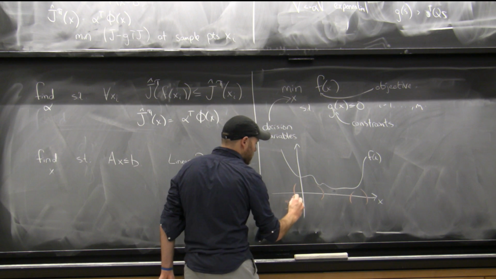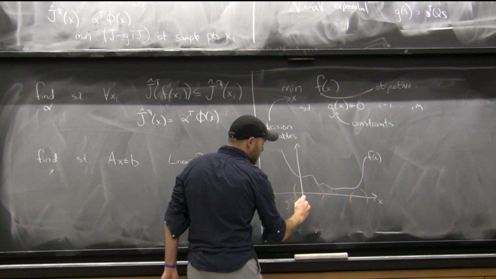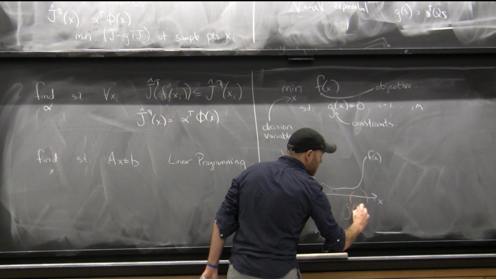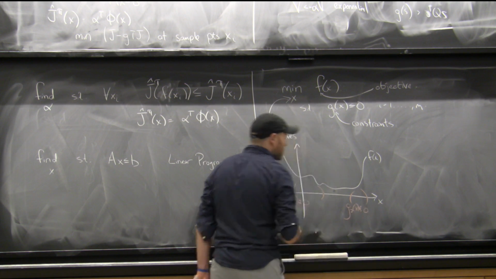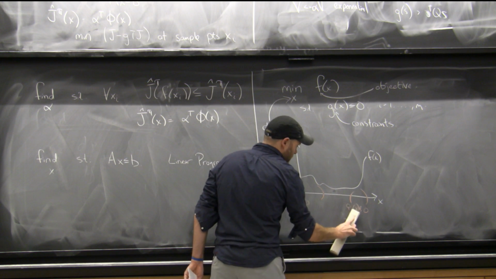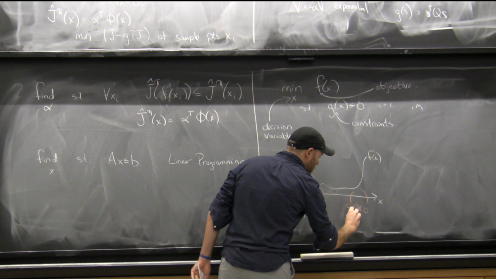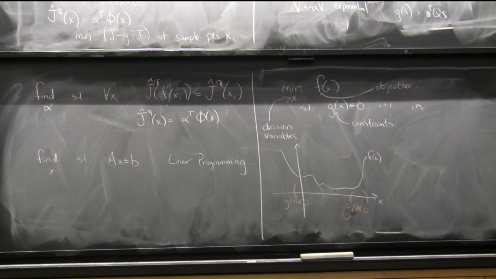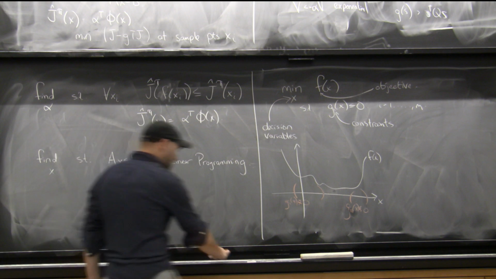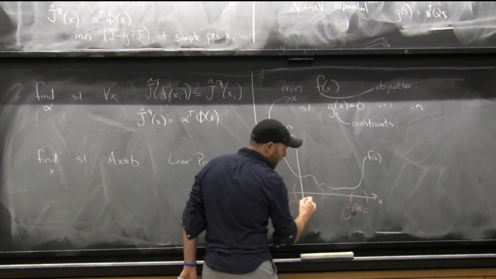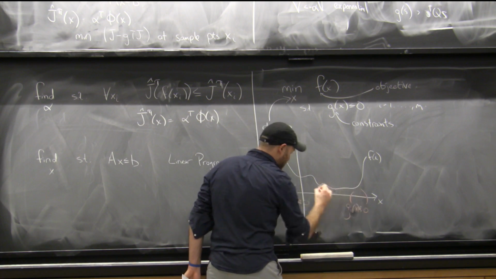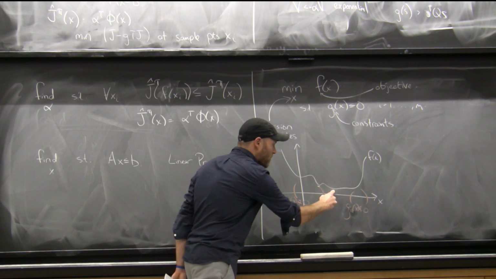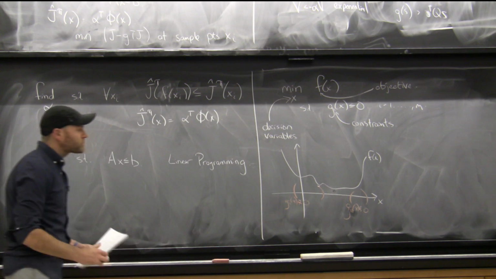Let's say g1 of x is less than or equal to 0 there, and g2 of x less than or equal to 0 here. Then I'm going to find the smallest point. I drew it, so it's either this one or this one. I don't know, it's one of those two, right? But it's not necessarily the smallest point on f. It's restricted to some domain.